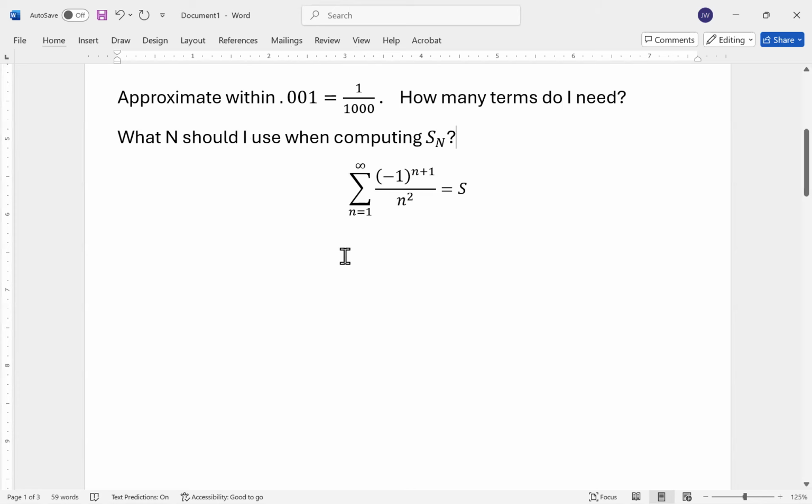All right, all I have to do is take the terms and ask when in absolute value does this hit or get under the 0.001. Obviously some of these things can be negative, so when does the absolute value of this get under or hit 0.001?